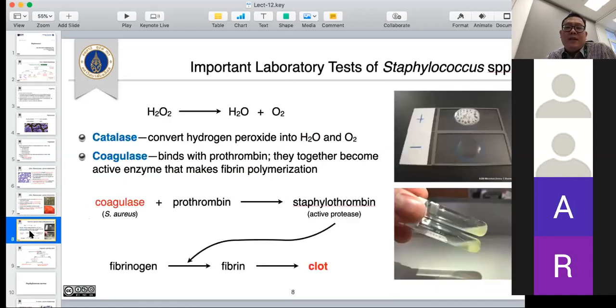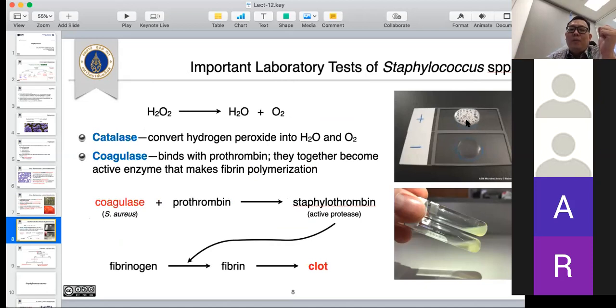The biochemical tests for Staphylococcus: one is detecting the catalase enzyme. The catalase enzyme converts hydrogen peroxide to water. So you just drop hydrogen peroxide, 1 drop, 2 drops, and pick up a colony of Staphylococcus and smear it on the hydrogen peroxide drop.